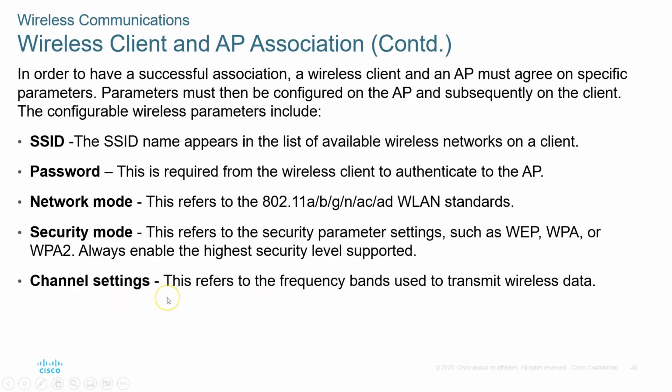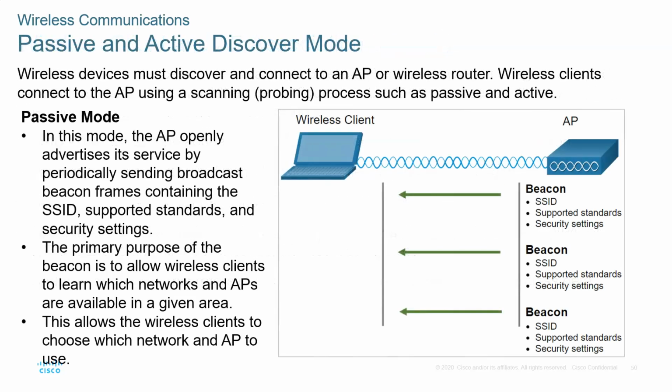The channel setting is how wide a frequency you're going to use. The channel is the frequency band that is used to transmit the data. Please write these bullet points down so you'll understand what these mean. The wider the channel, the more data that you can send to the access point. Your access point always beacons.